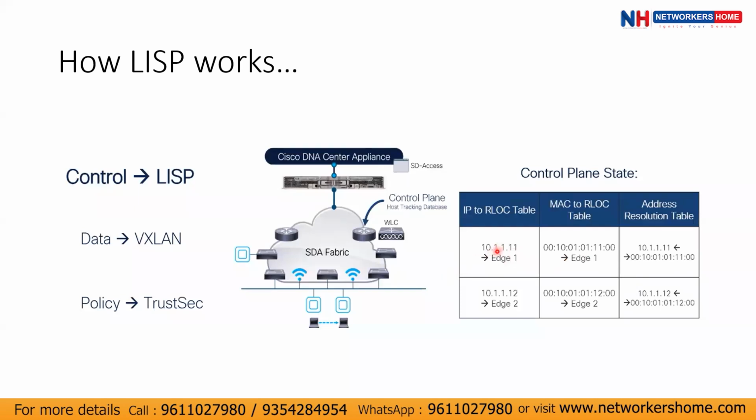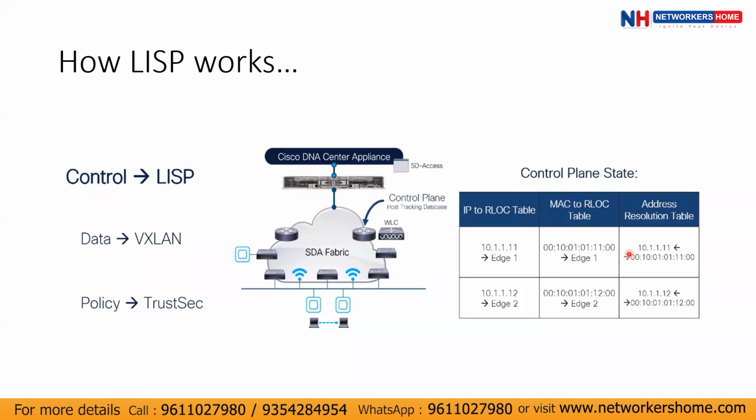The same mapping has been done: 10.1.1.11 is behind edge 1 and 10.1.1.12 is behind edge 2. And when I say edge 1 and edge 2, it would be the RLOC IP address of the specific edge, the loopback IP address, right? To make you understand more clearly, I have changed it to edge 1 and edge 2, but otherwise it should be the IP address.